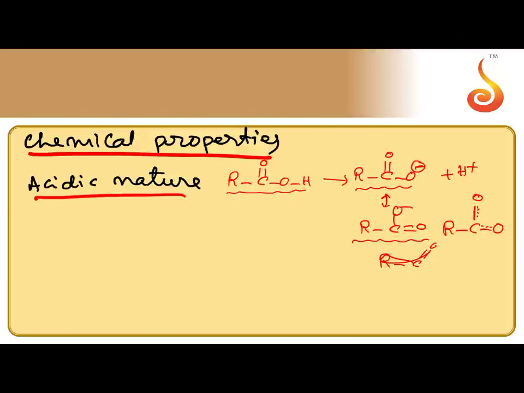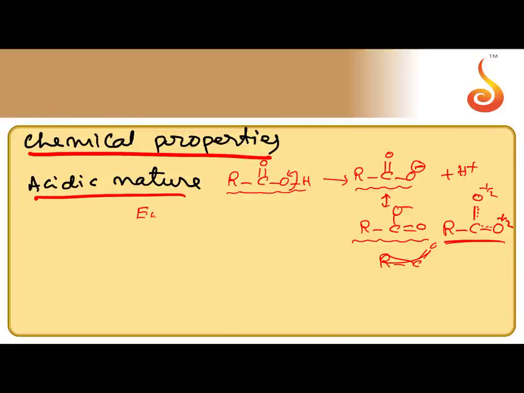Between C and O, 1/2 bond only present, -1/2 here, -1/2 here. So because of the conjugation, carboxylate ion is stabilized. Since carboxylate ion is stable, carboxylic acid easily loses H plus to become conjugate base. So carboxylic acids are stronger acids even than alcohols, even than phenols.